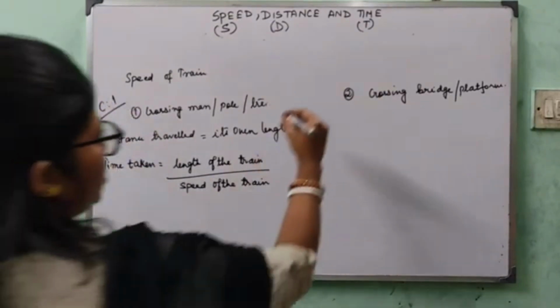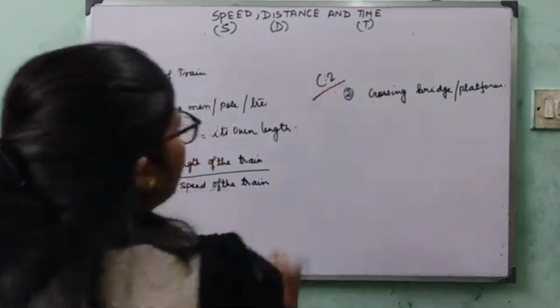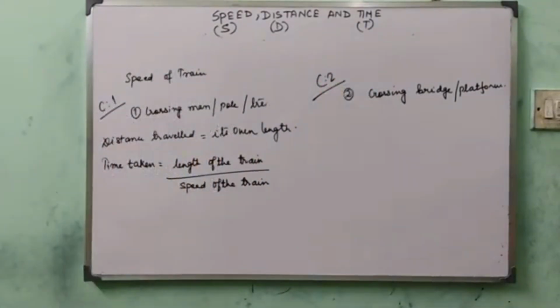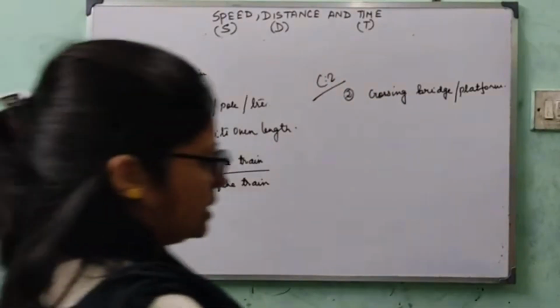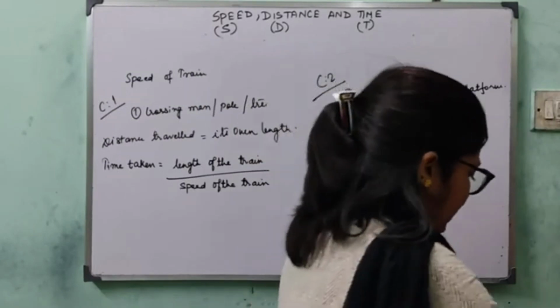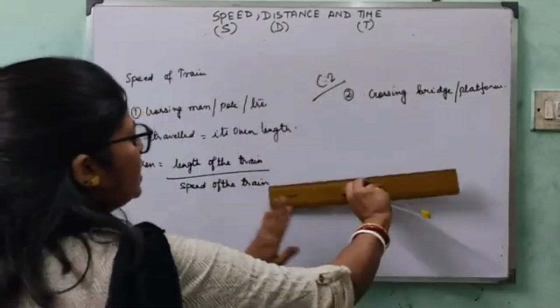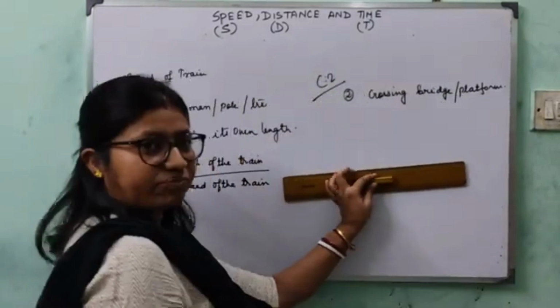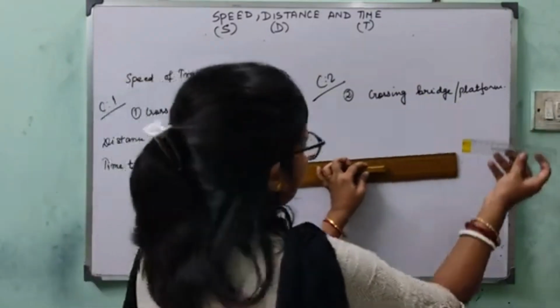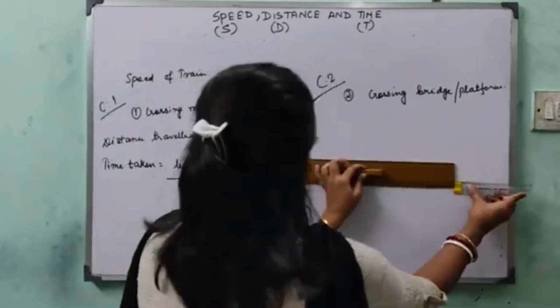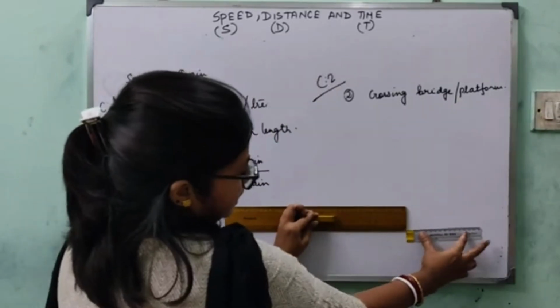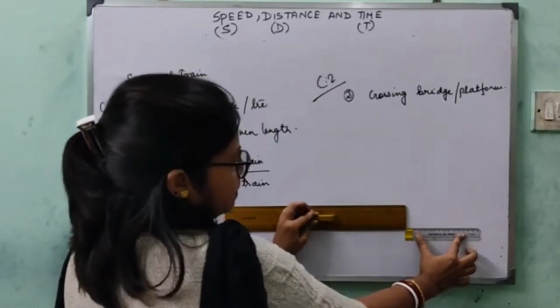Now what is case 2? The case 2 is if the train is crossing a platform or a bridge, then what happens in this case? So in this case, again we will see it practically. Suppose this is a platform and this is the train. So similarly over here you can see that the train is in this position now.